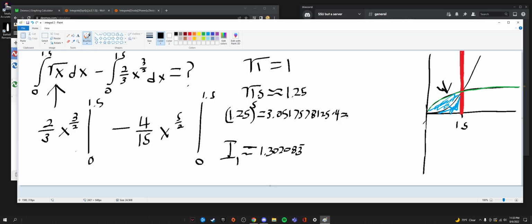So times 4, that is equal to, where did I do that? I should have organized this way better. Oh, here it is.